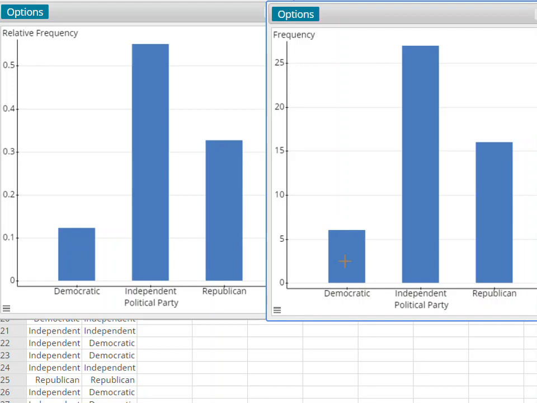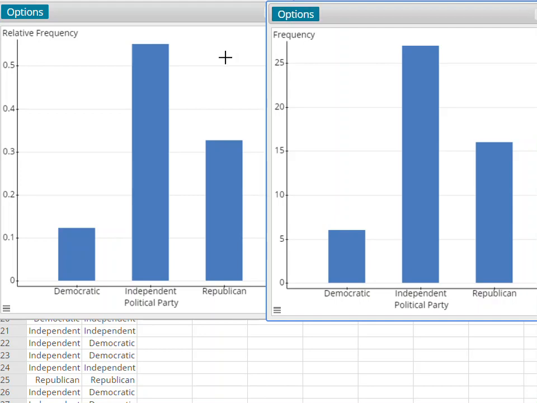Notice that there's really no difference between these two graphs. If I wanted to just talk about their shapes and their heights relative to each other, the graphs look exactly the same. The only way I can tell that there is a difference between them has to do with the left-hand side of the scale over here and that heading, which states frequency or relative frequency.